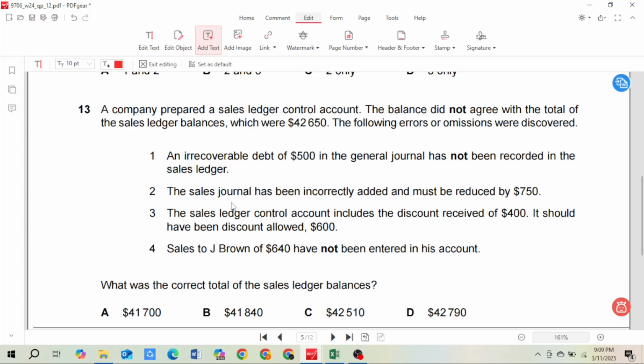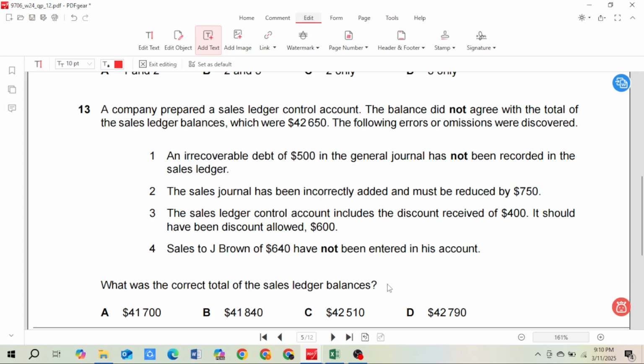Number three, the sales ledger control account includes a discount received of 400. It should have been discount allowed 600. Number four, sales to J Brown of 640 have not been entered in his account. We sold to J Brown 640, but did not write it in his account yet. So we need to find out the correct total of the sales ledger balances.